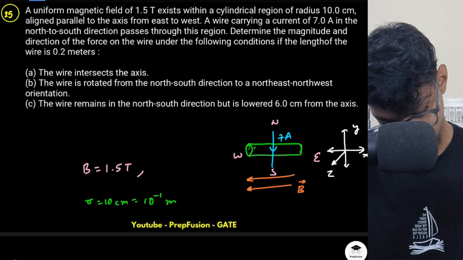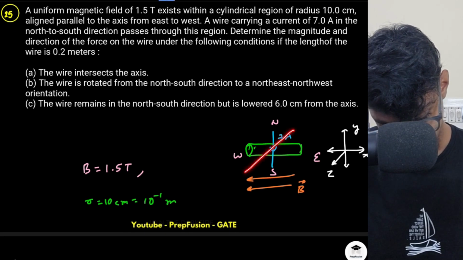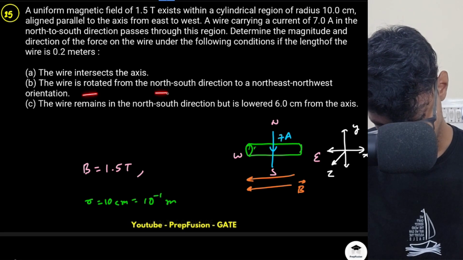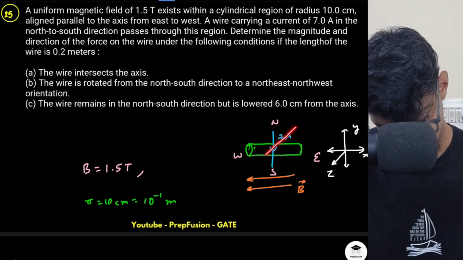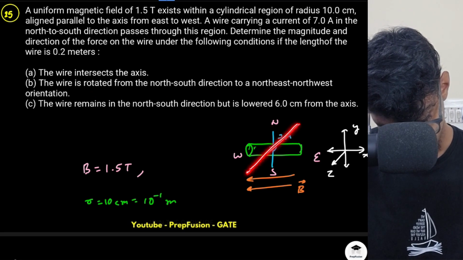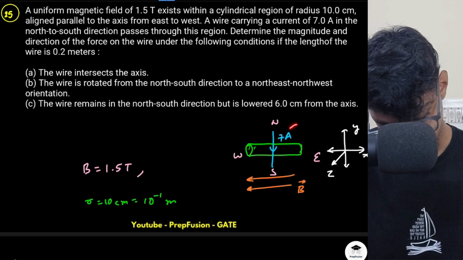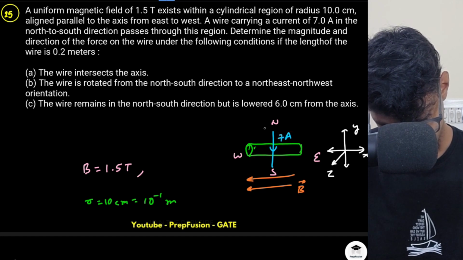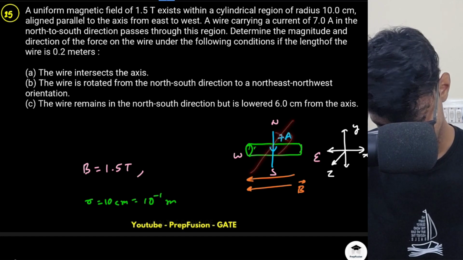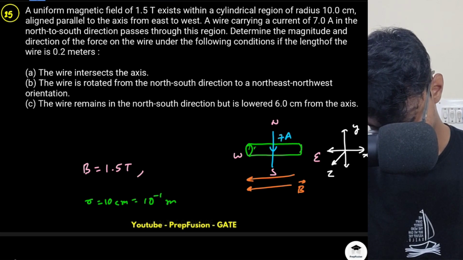Northeast to northwest. Correct, rotated from the north-south direction to the northeast direction. Okay, it should not be northwest here actually, only the northeast direction. This should change, I'll just quickly change this.